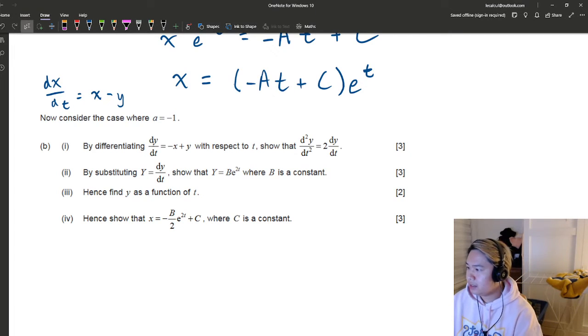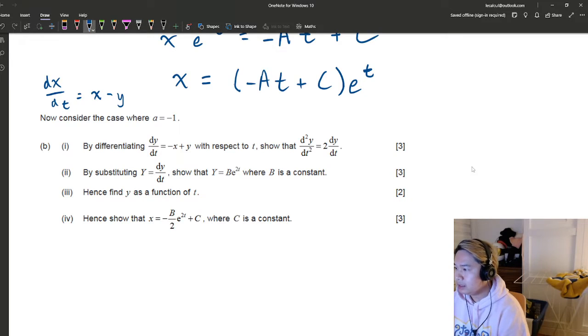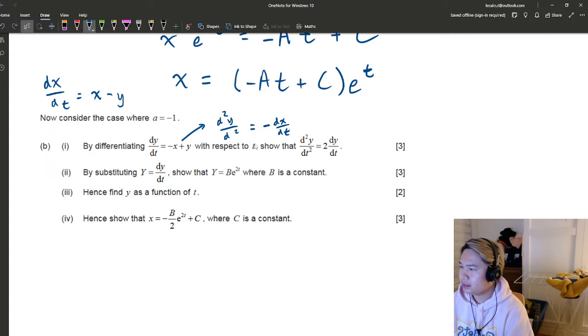Okay, so we're gonna take the derivative of this to get the second derivative. That's easy enough to do. So from here, d squared y over dt squared is equal to negative dx/dt plus dy/dt. Oh, whoops, this is dt squared.